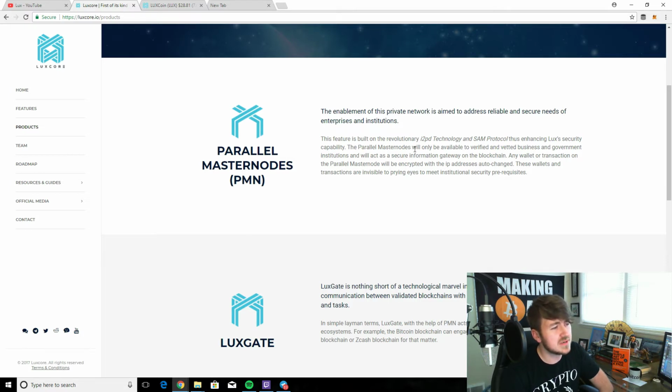The parallel masternodes will only be available to verified and vetted businesses and government institutions, and will act as a secure information gateway on the blockchain.